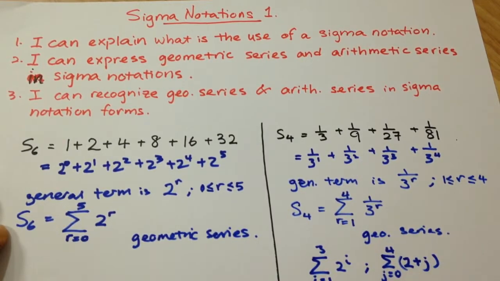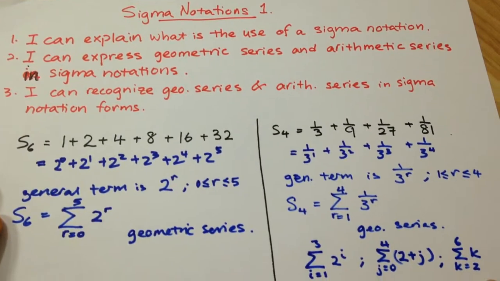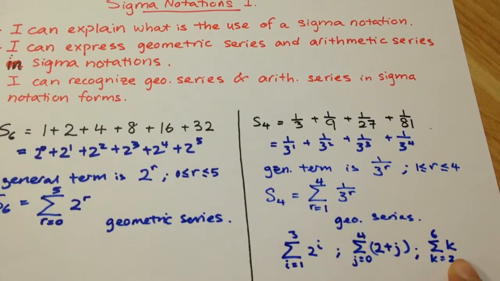Sometimes it can also be k, where k goes from 2 to 6, for example.